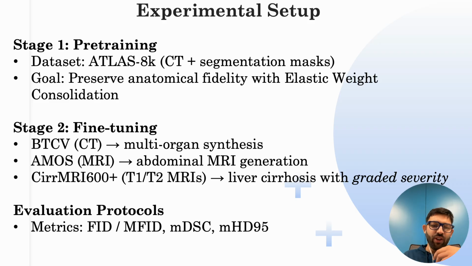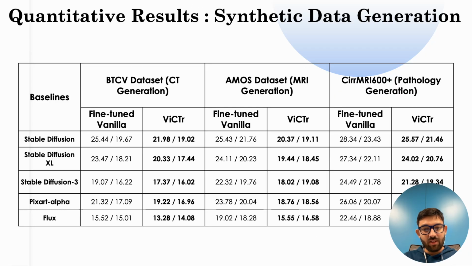Also, we have introduced a new metric, that is the MFID, which is specifically for medical imaging, to evaluate the generation performance with medical images. Yeah. So from the results, we can clearly see that we trained our ViCTr with different baselines, that is Stable Diffusion XL, Stable Diffusion 3, Pixart alpha, and Flux.